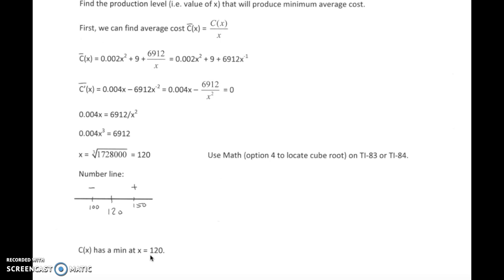All right. And all we needed was the x value because they asked us for the value of x that will produce the minimum average cost. They did not ask us what the minimum average cost was. If they had, then we would take our 120, plug it into our original average cost function, and we could find that value.